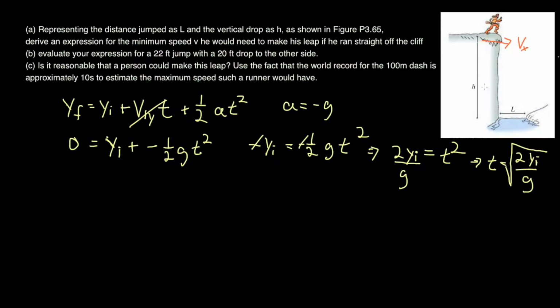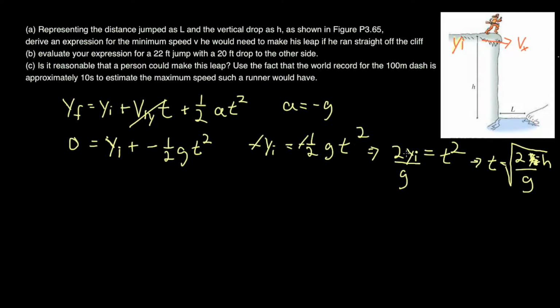So we're asked to represent it in terms of h and L. So this initial position, y_i, is just going to be changed to h, because y_i is the same as h in this problem.